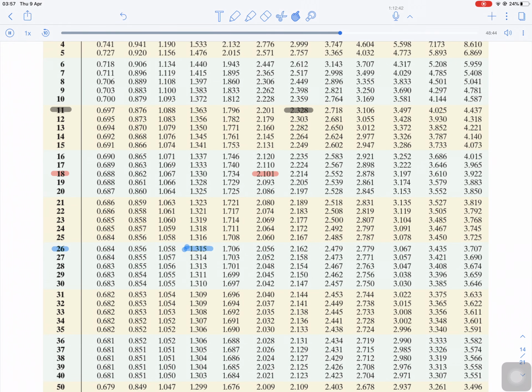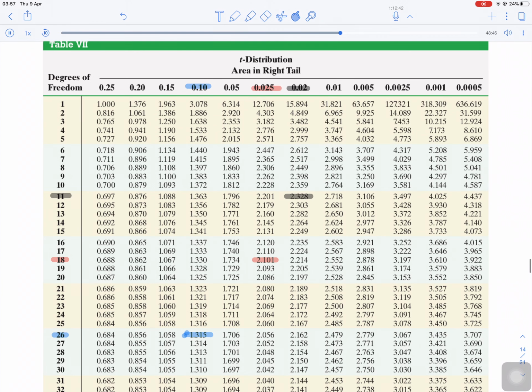And then the area in the right tail. Remember, the table gives you areas in the right tail. Now when you look at the top of the table, you see some numbers: 0.25, 0.20, 0.15 up to 0.0005. Those values are the areas in the right tail.